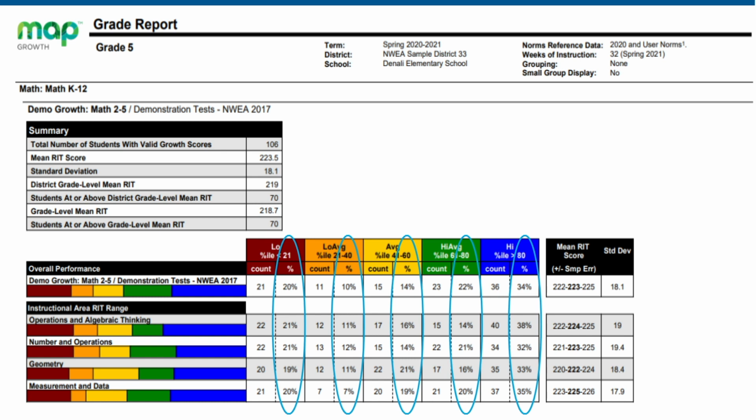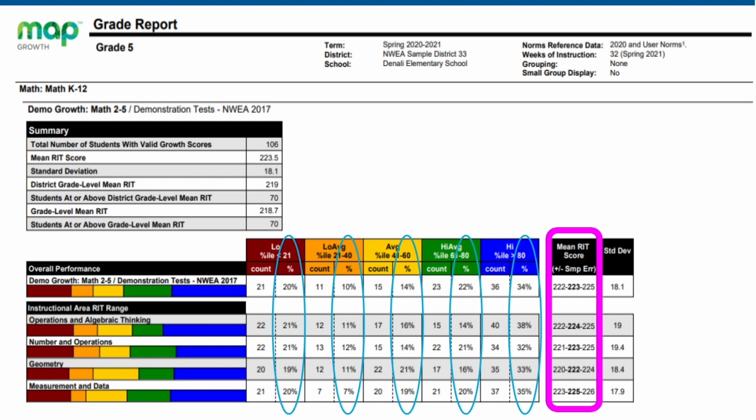You can then see down here on the table below the percentage of students that fell into the different student grouping levels for the different instructional areas. So it just helps us give a different breakdown of where students are falling, who is scoring in very high percentiles, and who is in those lower percentile groups.